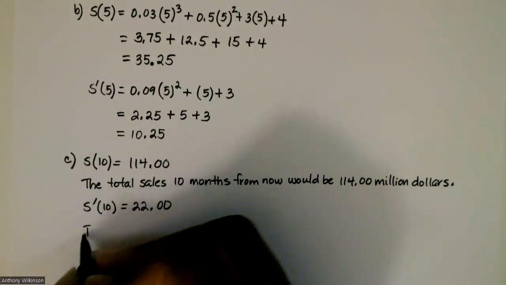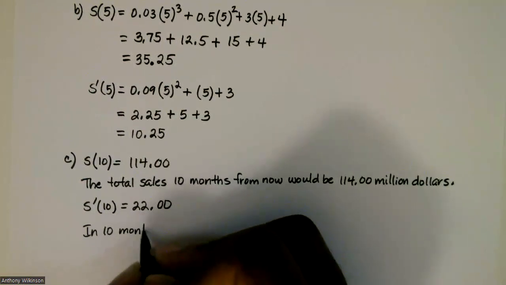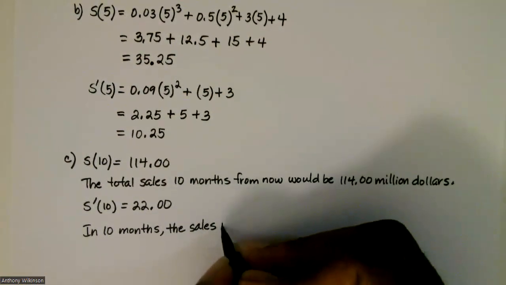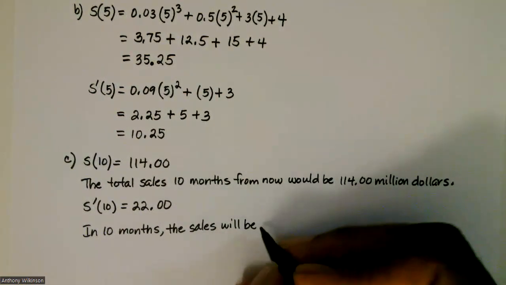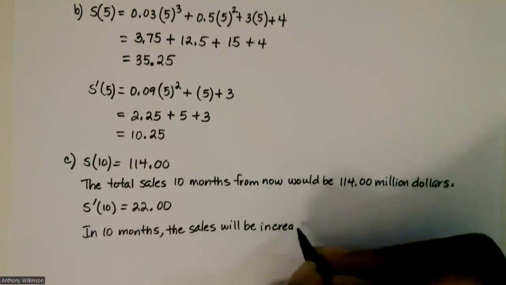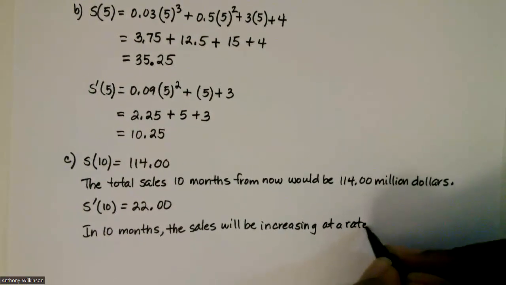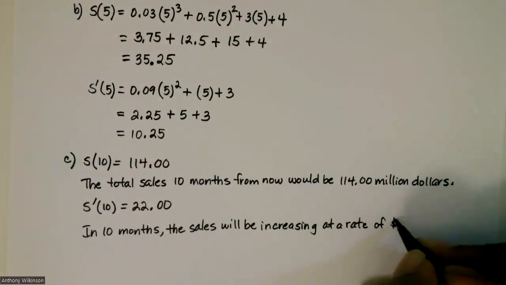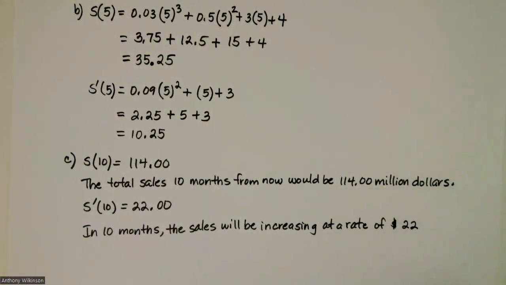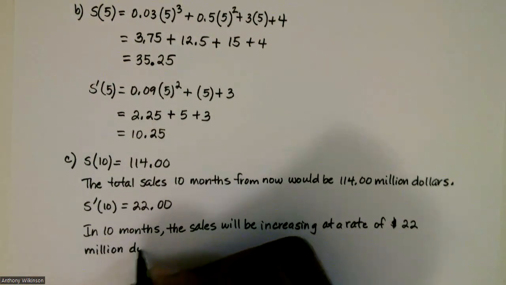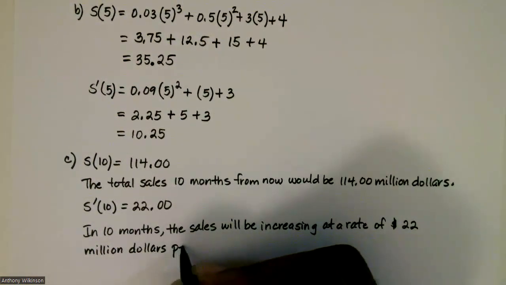That's saying this: in 10 months, the sales will be increasing at a rate of 22, and I think this is in millions of dollars, since that's what they're talking about here, $22 million per month.